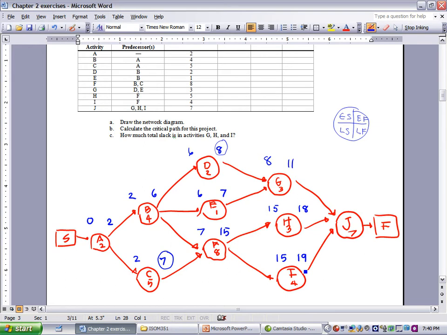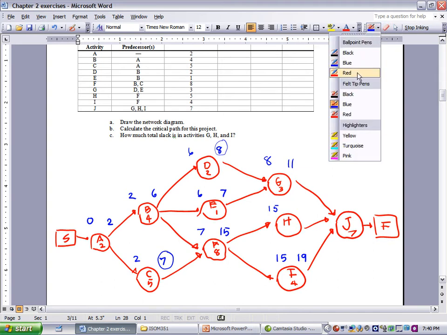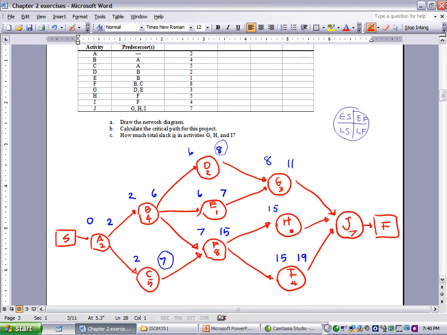I think my activity H has the wrong number. Let me change that. So H should be 5, so that will be 20.